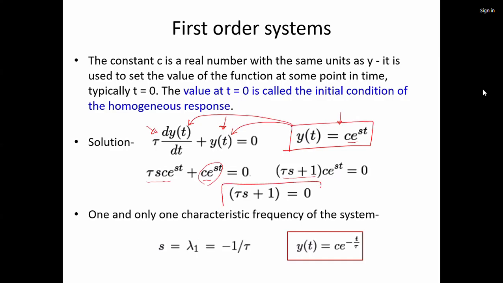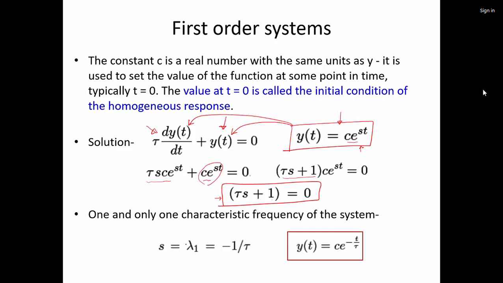So basically, if this were to be the solution, it has to satisfy the condition that the time constant times the characteristic frequency plus 1 is equal to 0.